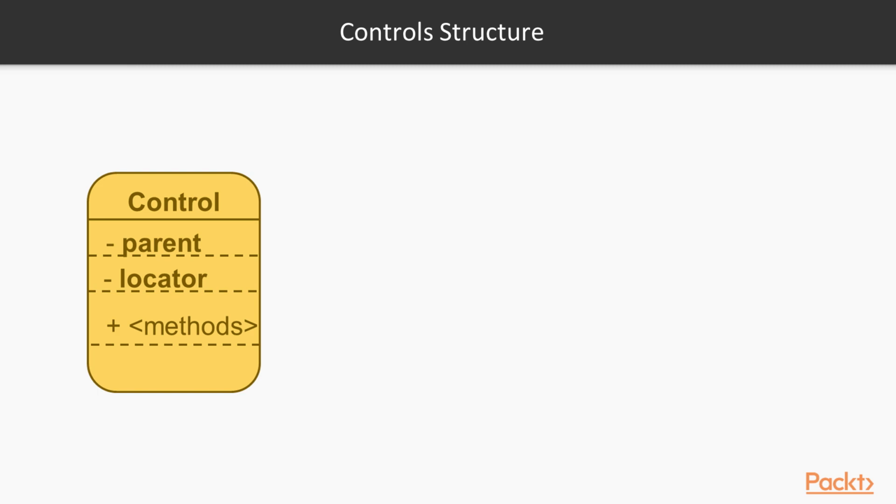Also, it is the container of the element's locator. Here is the place where we explicitly define the locator only once. Also, the base control class can contain common methods applicable to all the controls like check for existence, check for visibility, click, and many others.